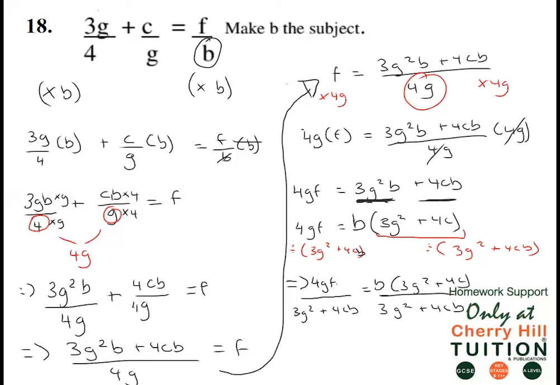Okay, now on the right-hand side, both of these terms cancel out, which means we have made b the subject. We are only left with the b on the right-hand side. So b is equal to 4gf all over 3g squared plus 4c. Okay?